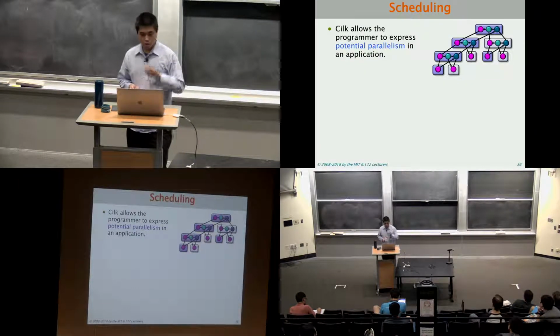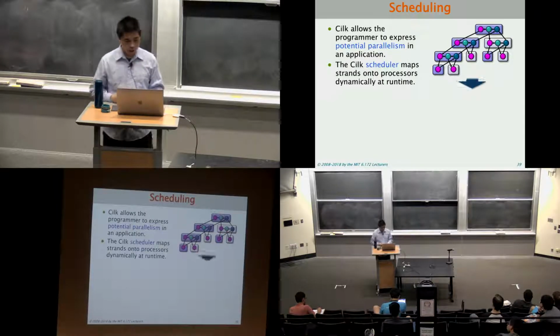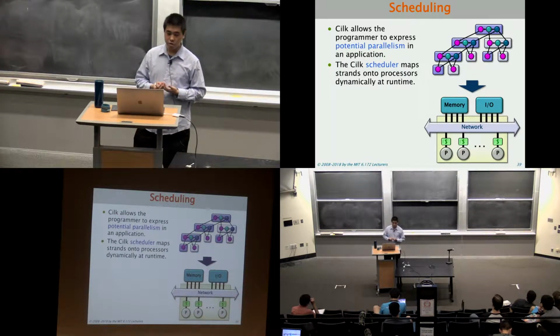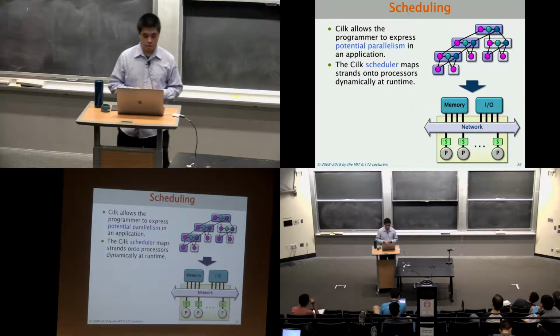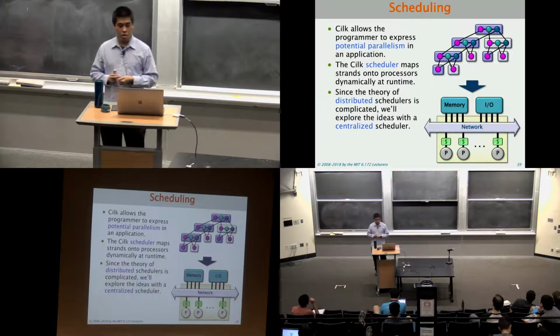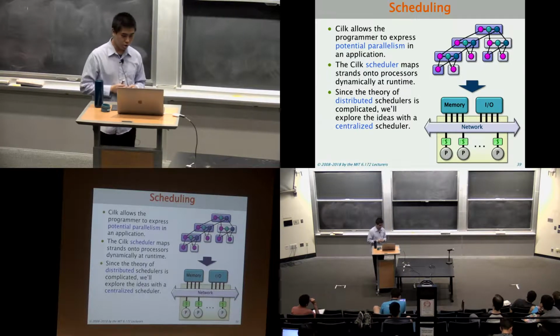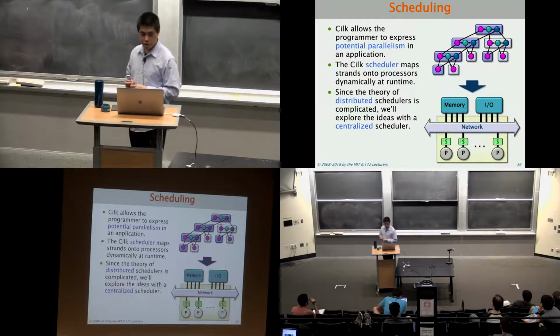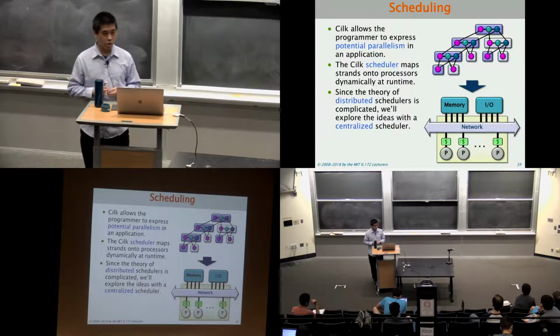So as a reminder, Cilk allows the programmer to express potential parallelism in an application. And the Cilk scheduler is going to map these strands onto the processors that you have available dynamically at runtime. Cilk actually uses a distributed scheduler, but since the theory of distributed schedulers is a little bit complicated, we'll explore the ideas of scheduling first using a centralized scheduler.